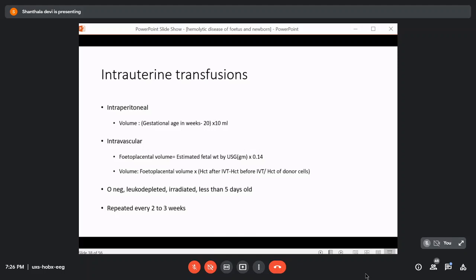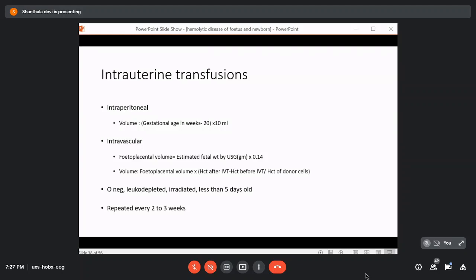These intrauterine transfusions can be given both intraperitoneally as well as intravascularly. The volume of intraperitoneal transfusion to be given is the gestational age in weeks minus 20, into 10 ml. For intravascular, first the fetoplacental volume is calculated, and later the volume of the intravascular transfusion is calculated.